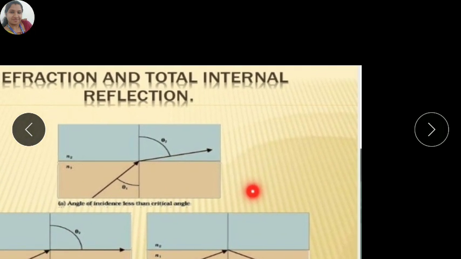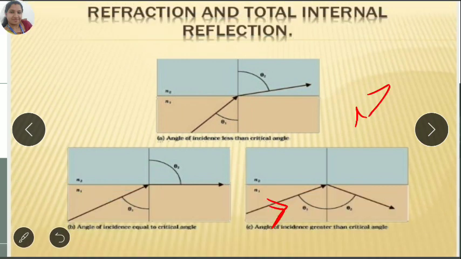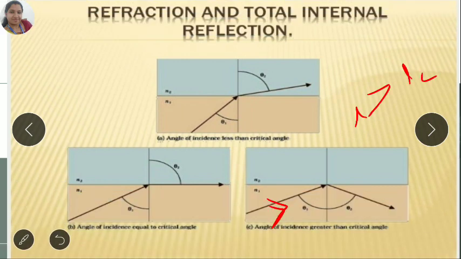But in this third diagram, this is the incident ray. Here the angle of incidence i is greater than ic. The condition is that the angle of incidence is greater than the critical angle.